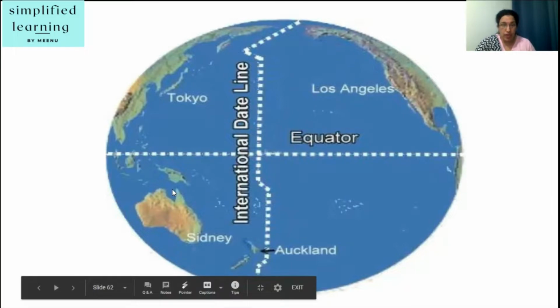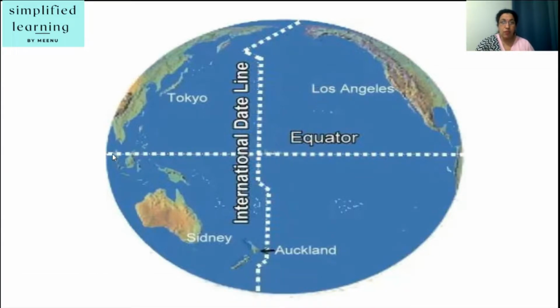Now we know this is which continent? This is Australia. Now, if this line had been a straight line, some part of Australia could have gone to the other hemisphere. Clear? Now, first of all, tell me which hemisphere is this? This is west or east? Yes, now we are on the back side of the prime meridian.